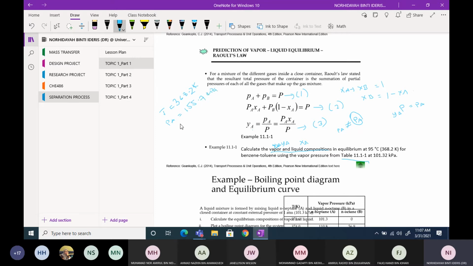PA here refers to benzene, and PB, B here refers to toluene, gives you 63.3 kPa. Did you get this value?